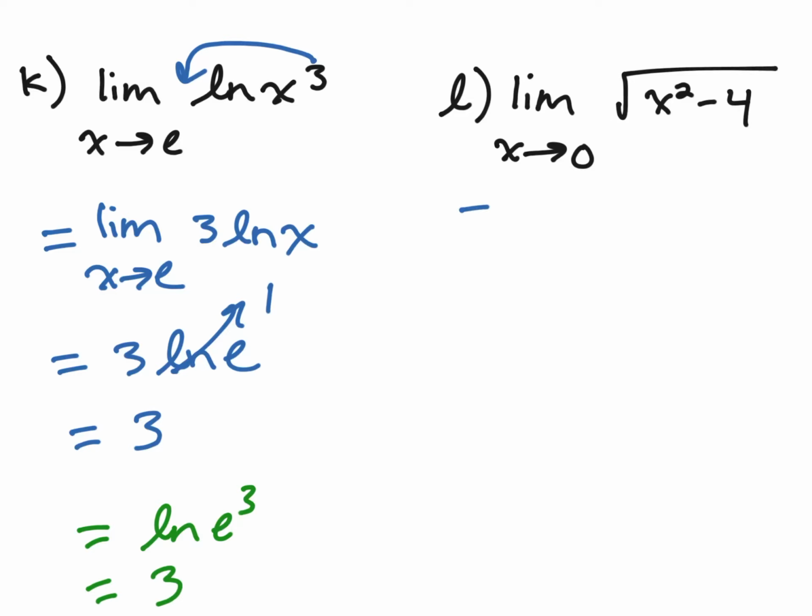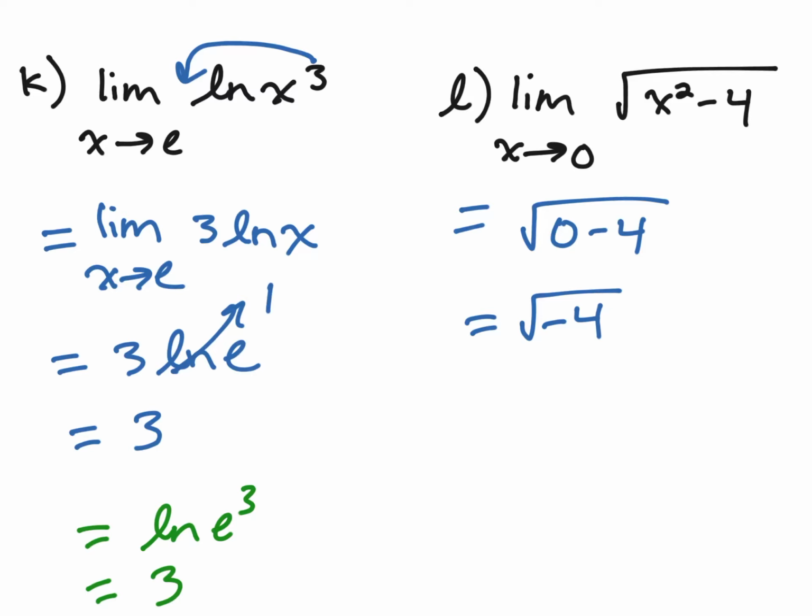Now I got the limit as x approaches 0 of the square root of x squared minus 4. So that's the square root of 0 minus 4, equals the square root of -4. Now think about what we're doing here. We're looking for a y value on a graph. Can I plot the square root of -4 on a graph?